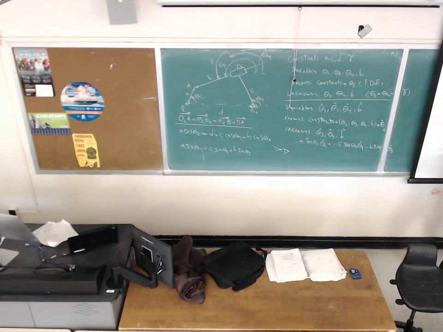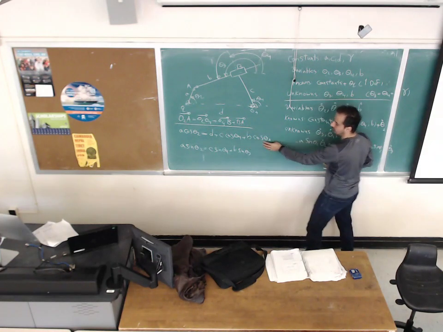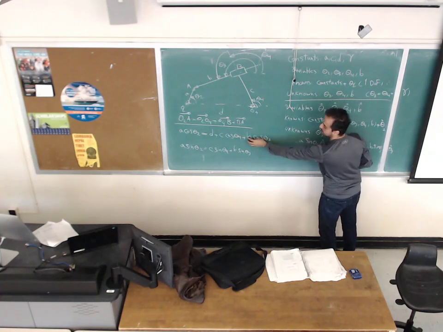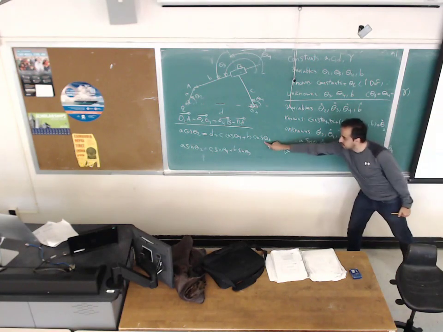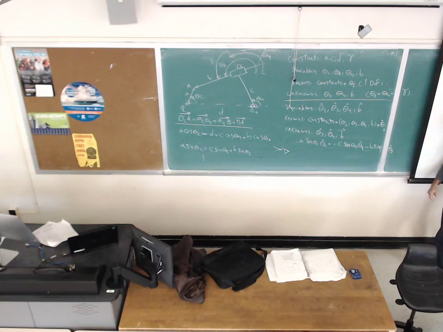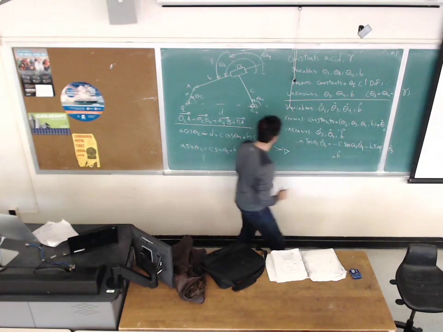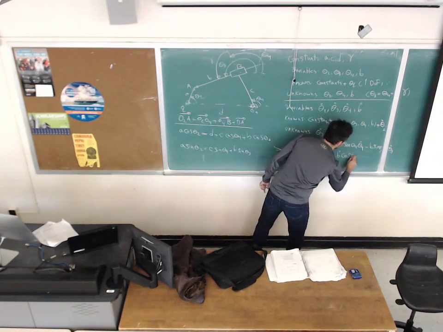So the derivative of a multiplication of two functions is the derivative of the first term times the second term plus the derivative of the second term times the first term. We already have the derivative of the second term, which is cosine of theta 3 times the first term, but I should add b dot, the derivative of the first term, times cosine of theta 3.